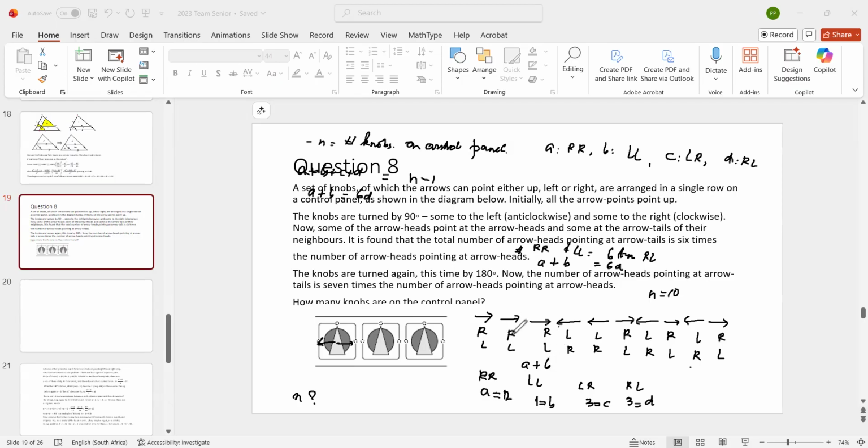A plus B is the number of R's plus the number of L's. The only thing is you don't have A plus B here, you have B plus A, right? Which is the same as A plus B. Okay, so this number here is now 7 times the number of arrow tails, 7 times what we had before. See?